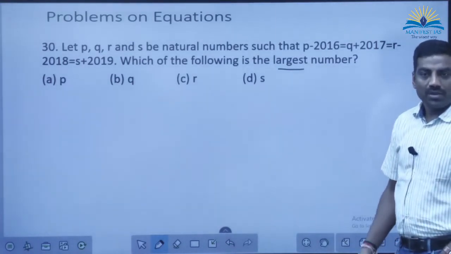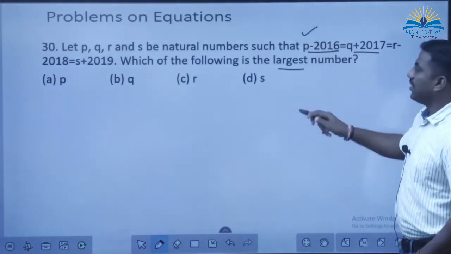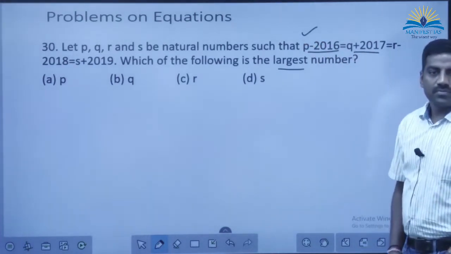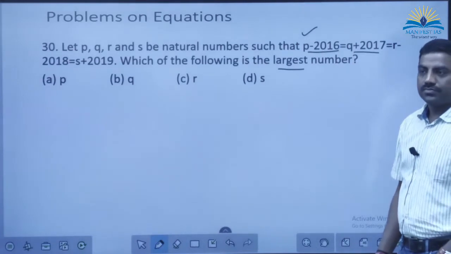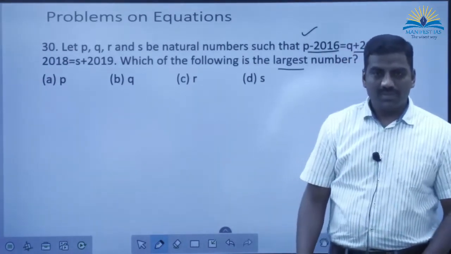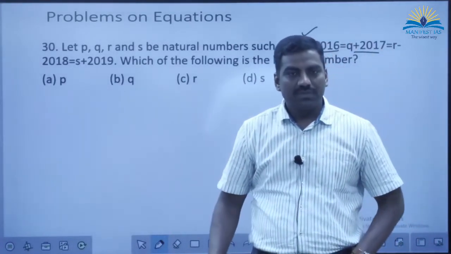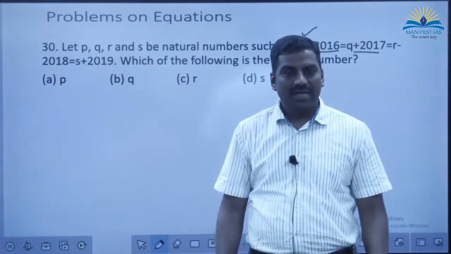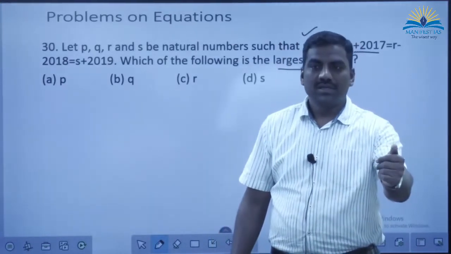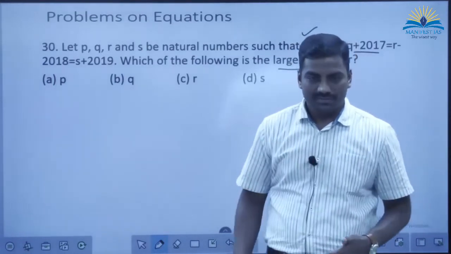Getting my point? So in these two, P is greater. Yes or no? Simple. I have a certain amount, she has a certain amount. If I give 5 rupees to someone, and if she gets 6 rupees from someone, then our amounts will be equal.